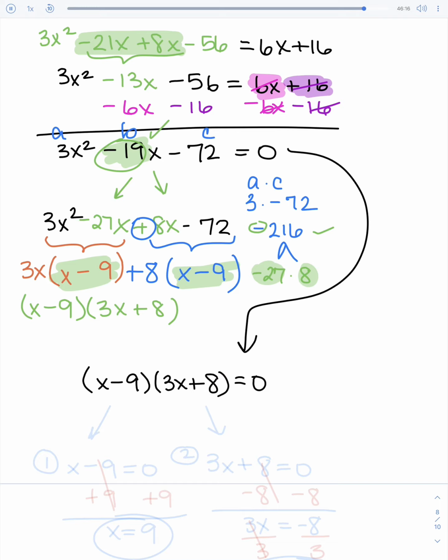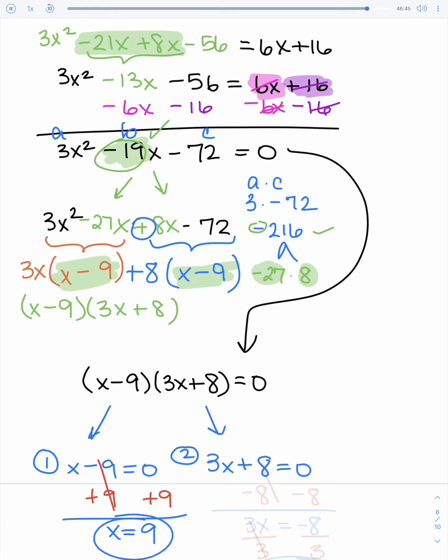Now you're still not done. This is still an equation. You still have to take both pieces and set them equal to 0. So I take the x minus 9 and set that equal to 0, and the 3x plus 8 and set that equal to 0. Solving the first one, we start by adding 9 to both sides, which gives me x equals 9 as one solution.